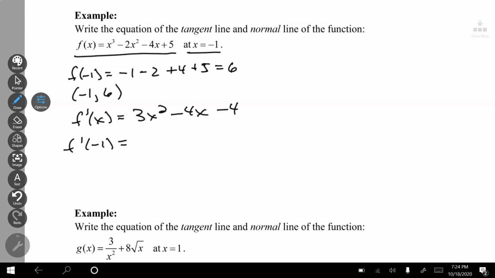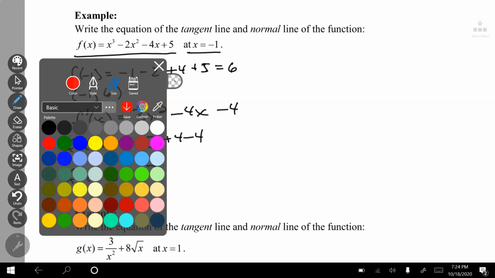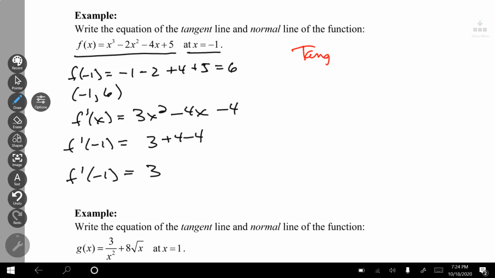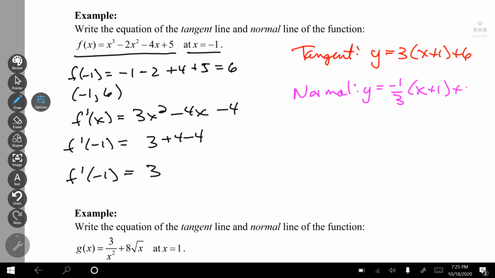If I plug in negative 1, I get 3 plus 4 minus 4, so f prime of negative 1 is equal to 3. Now I can write my tangent line: y equals 3(x plus 1) plus 6. And my normal line, y equals negative 1/3 (x plus 1) plus 6, because that is perpendicular.